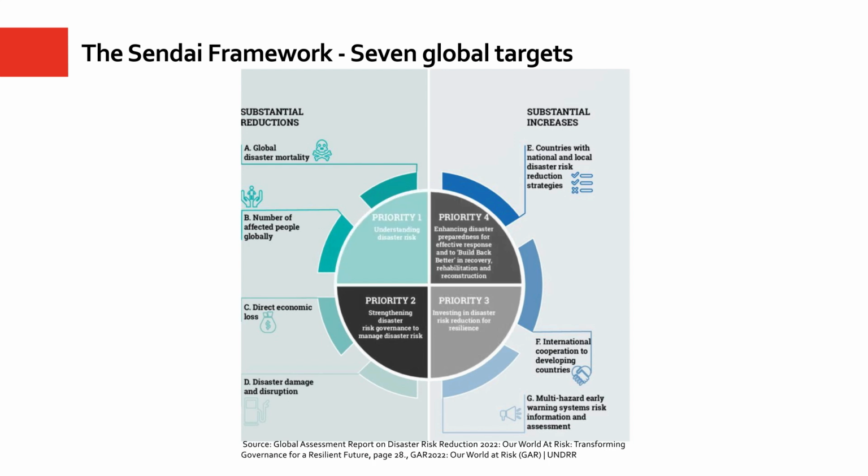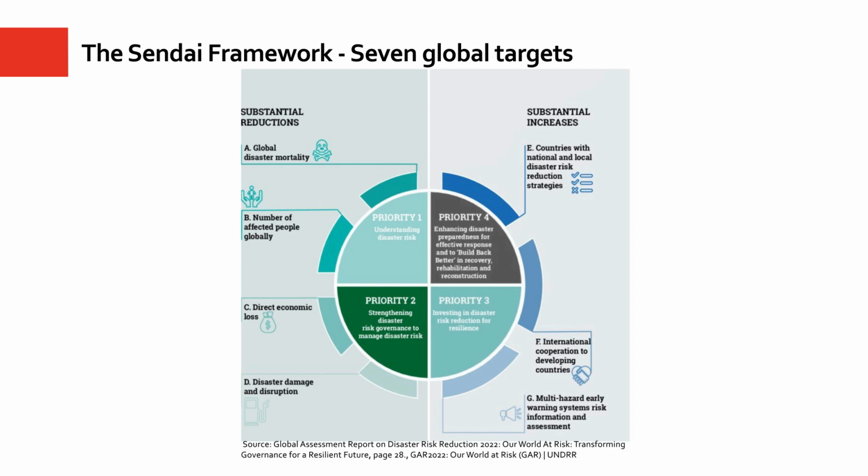Priority 1, understanding disaster risk, is about ensuring that policies and practices for disaster risk management are based on a clear understanding of vulnerability and exposure to hazard. Priority 2, strengthening disaster risk governance, means having a clear strategy, strong institutions, laws and budget to ensure the efficient management of disaster risks.